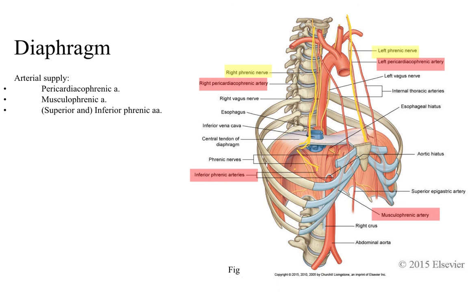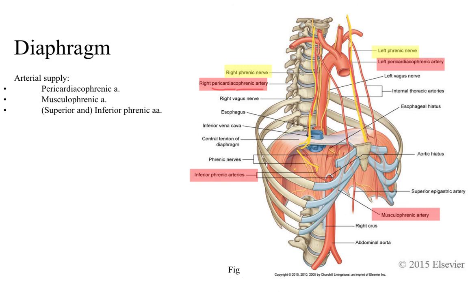And the arterial supply, let me switch to red here, would primarily come from the left and right pericardiacophrenic arteries. So peri, surrounding, cardia, heart, phrenic, along with the phrenic nerves, arteries.